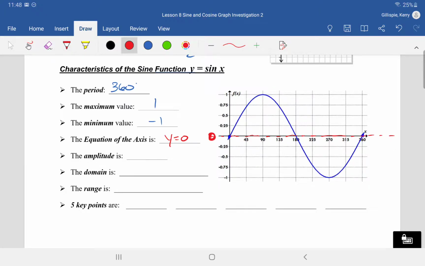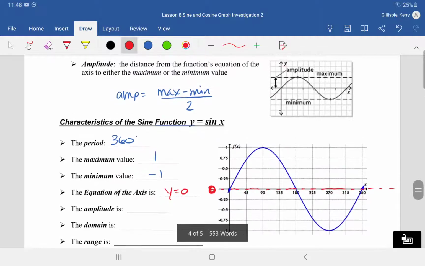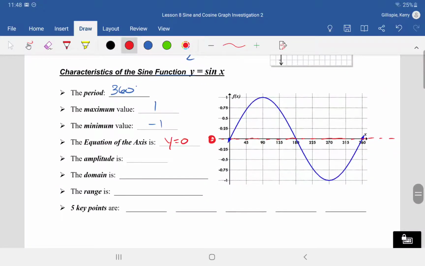The amplitude, you can do that formula from above, max minus min divided by 2, or you can look at the distance from the axis to the max or min. So for this one, I'm just going to look at axis to the max because that's a lot easier than doing max minus min divided by 2. This has a height of 1, and so our amplitude is 1.